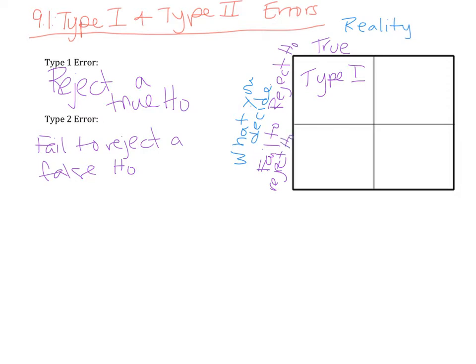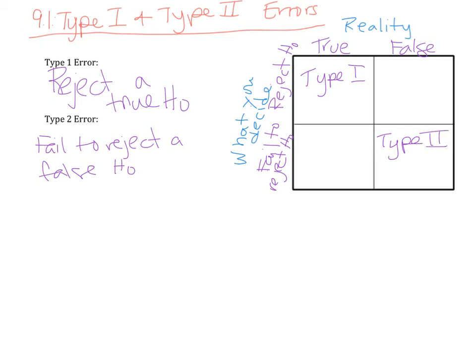Actually, though, a type 2 error would mean that the null hypothesis was false, but you didn't think it was false. You thought it was true. So in this case, we call it a type 2 error.